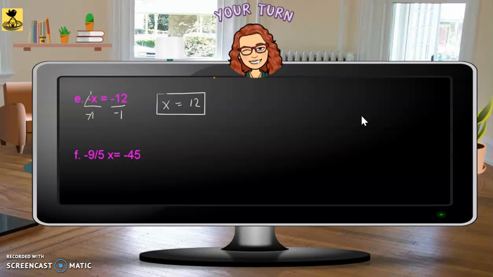Okay, so letter F. Negative 9 over 5x equals negative 45. So this is again a fraction. So we will multiply both sides. Let me just rewrite here. Negative 9 over 5x equals negative 45.